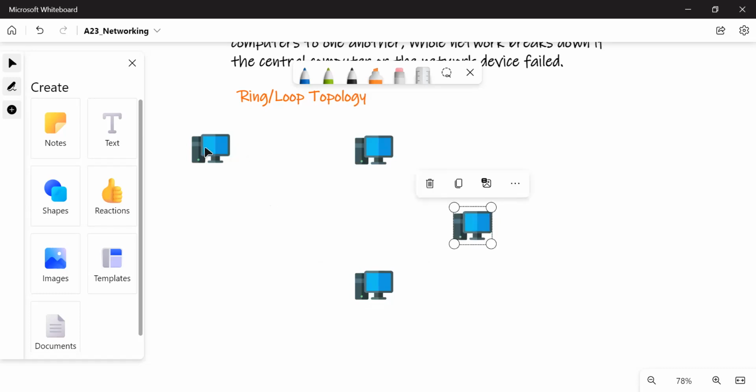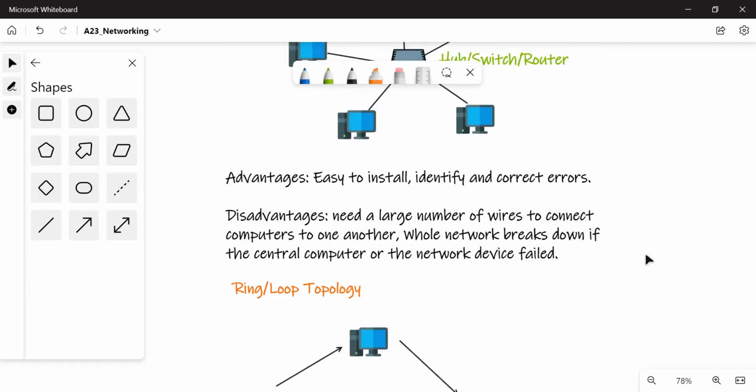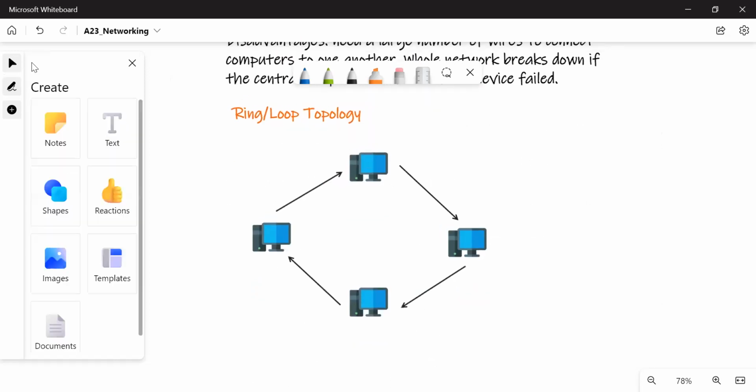Computers are connected to each other. You might not see it as a ring, but it's connecting each other. So this is called ring topology.